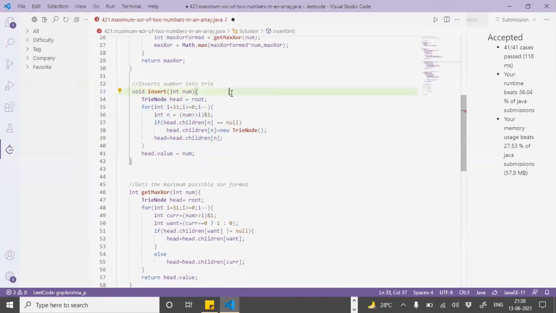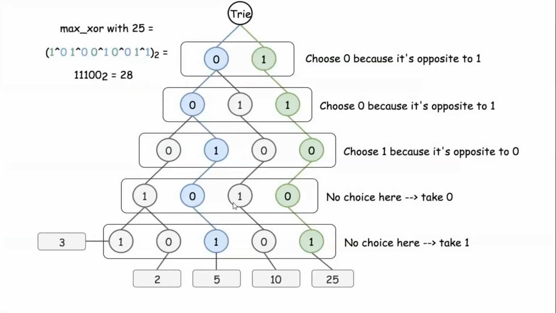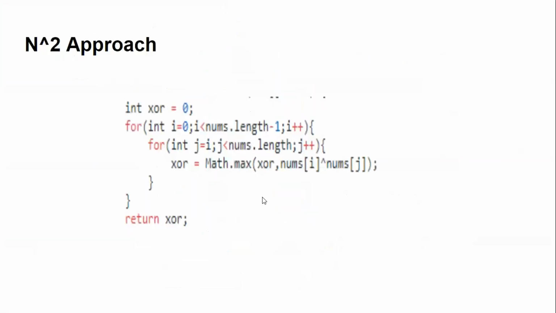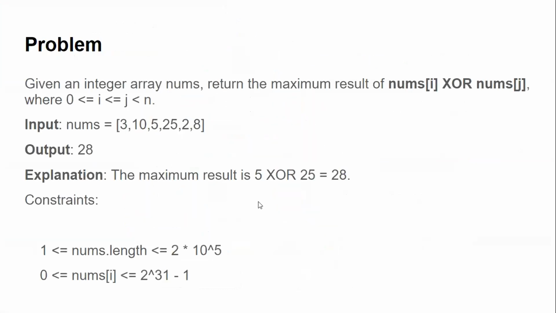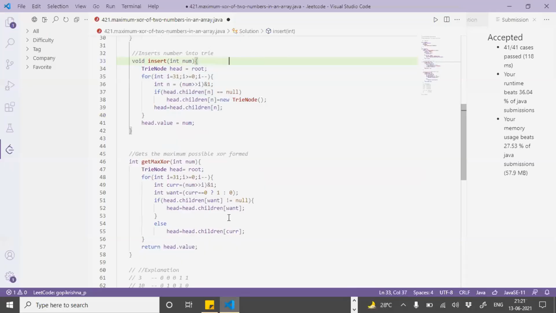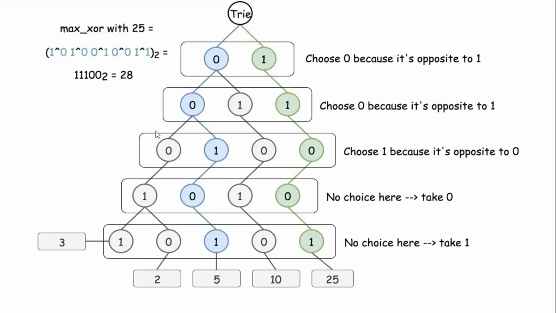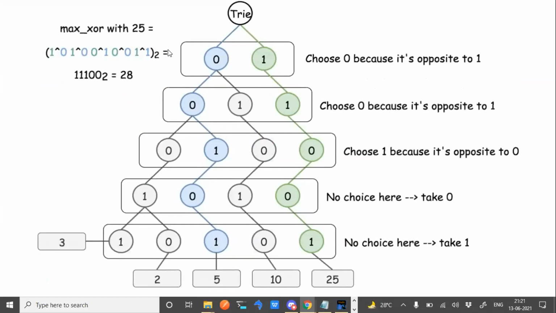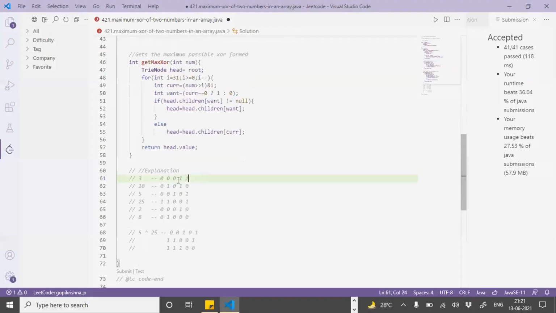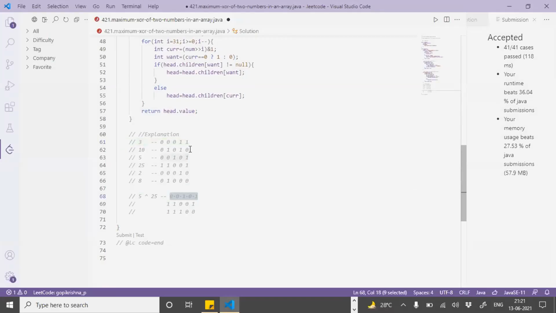Okay, so now we'll move on to the actual part, how we will find the max XOR. We'll see from the diagram, then we'll go on to the code. Let's say I have a value 3 and I want to find the max XOR with 3. Basically 3 is triple zeros and double one.